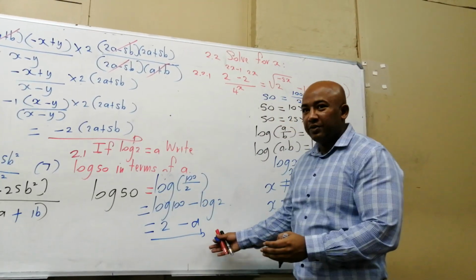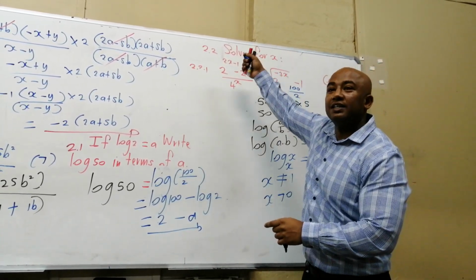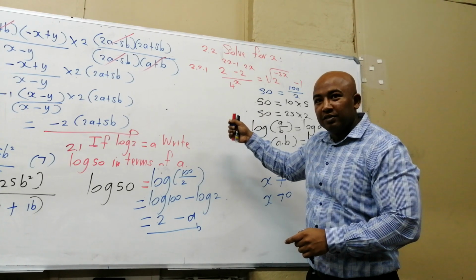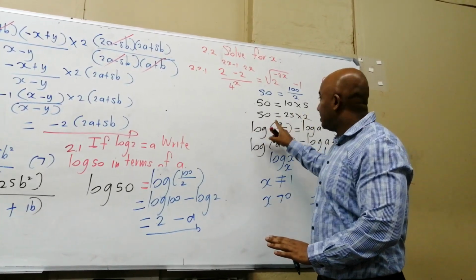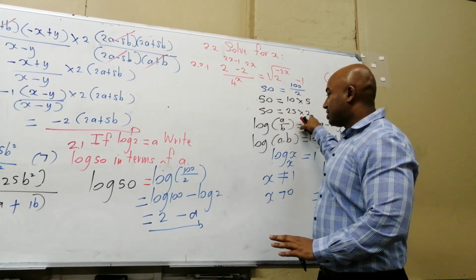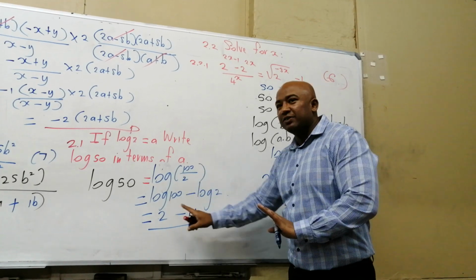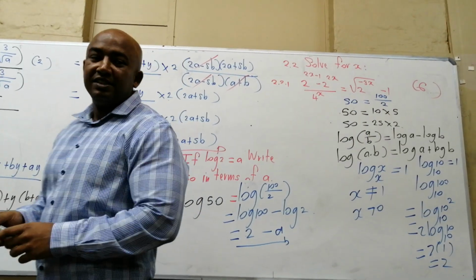This will be a faster way. The other way you could have done it is because 25 can be written as 100 divided by 4. It's just that it's going to take too long, but it can work anyway. You can use 25 times 2, but 100 divided by 2 gets you to the answer faster. You can see this.